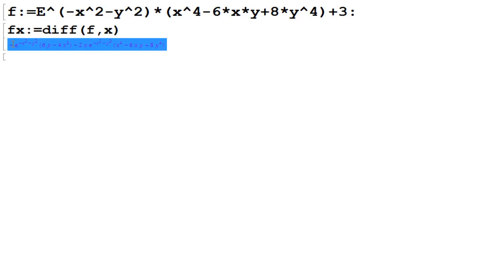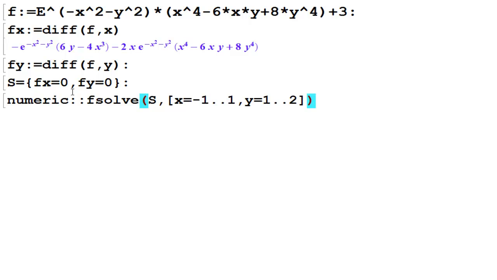Let me enlarge this for you, and instead of having you watch me typing, I will type everything in and then come back to explain what I did, because all I'm doing is typing in commands. All right. So what I did was define fy as the partial derivative with respect to y, and let me put this colon sign here because otherwise it will not take the value properly.